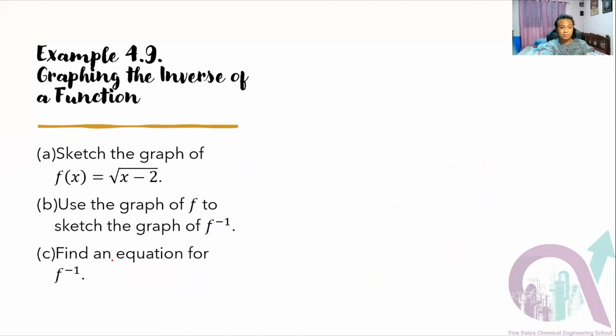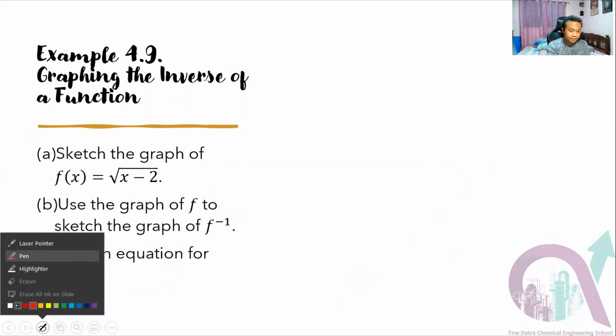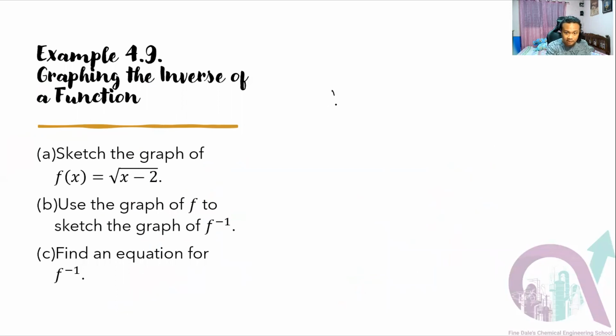For example, sketch the graph of f(x) = square root of x minus 2. Now let's create that. So this is the y and this is the x axis.